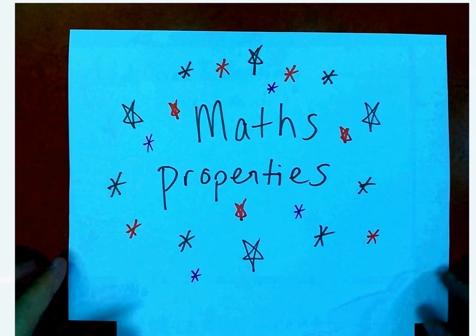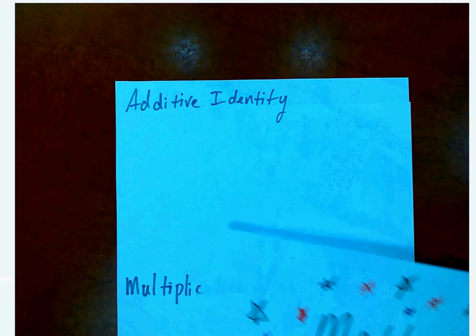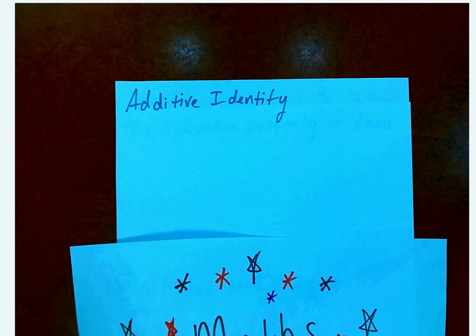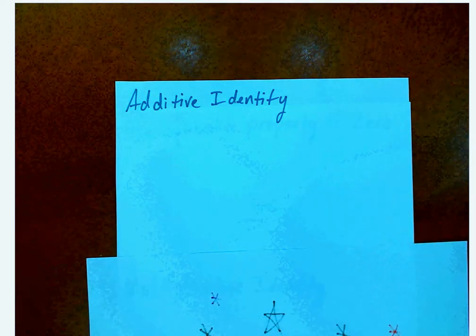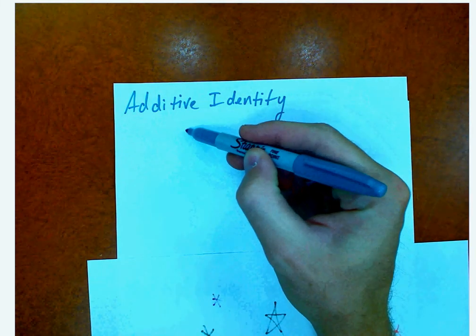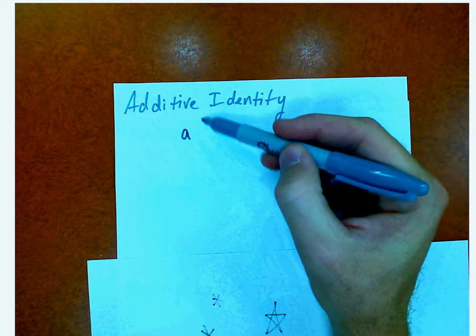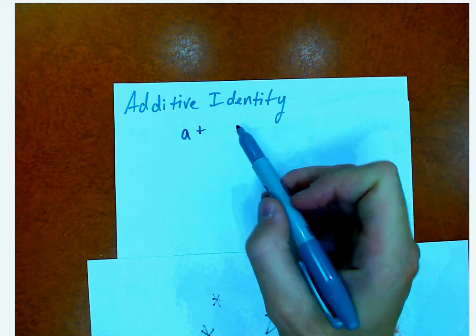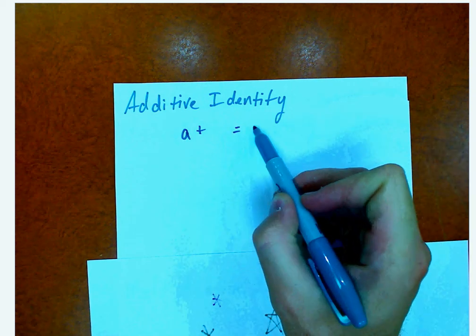So let's look at our first property here today, and that is the additive identity property. All the additive identity property means is what number would you add to A to make it equal itself?